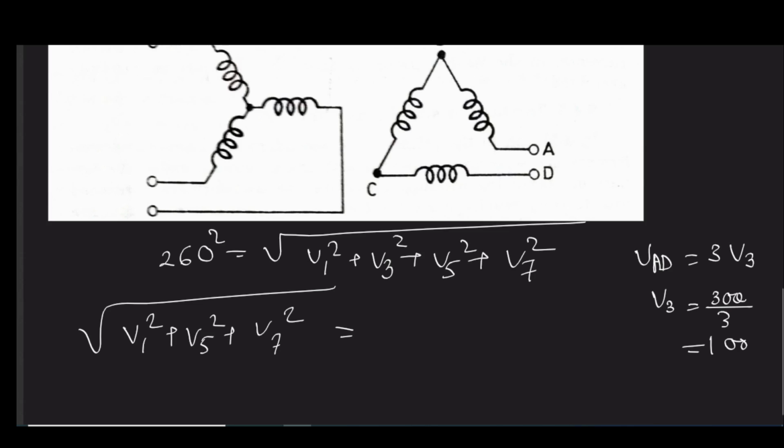Now here it will be how much? V1 plus V5 plus V7 will be present in VC.